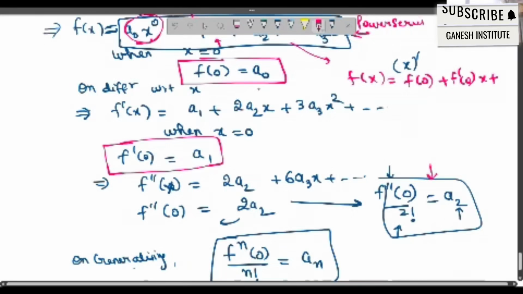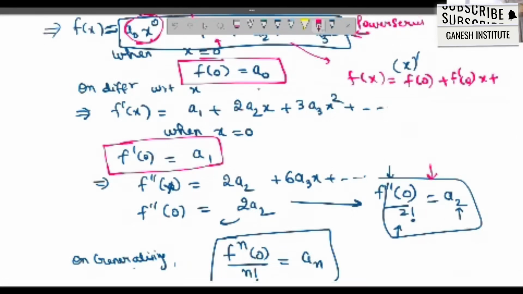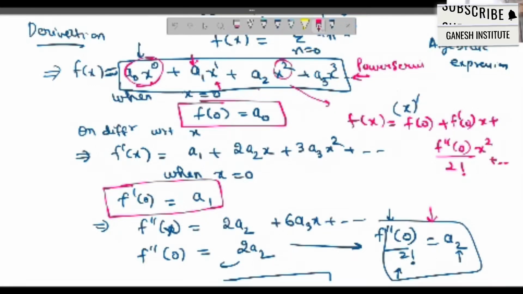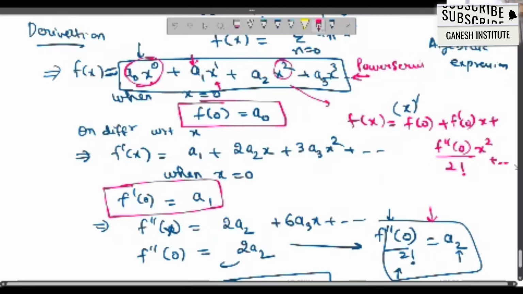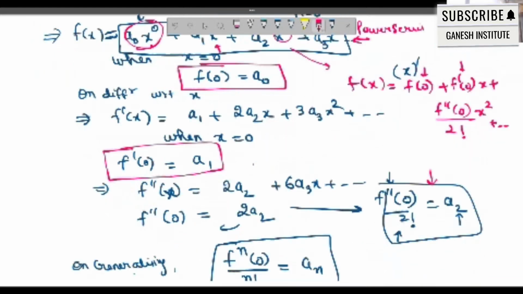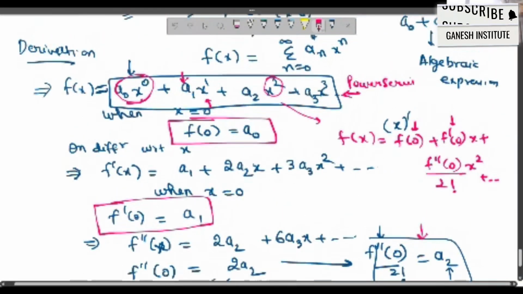A2 is my f double dash 0 divided by 2 factorial, and this x square. So can you relate with this formula? What is happening? Firstly the constant value, then single derivative x, then double derivative by 2 factorial x square, and so on.